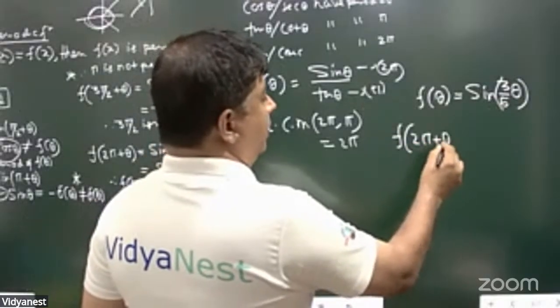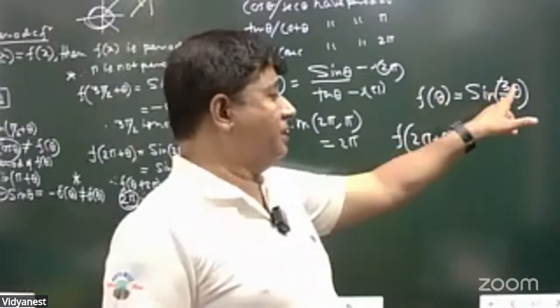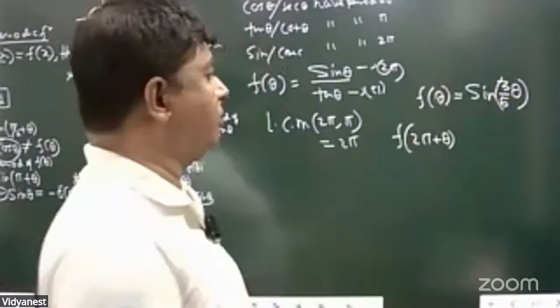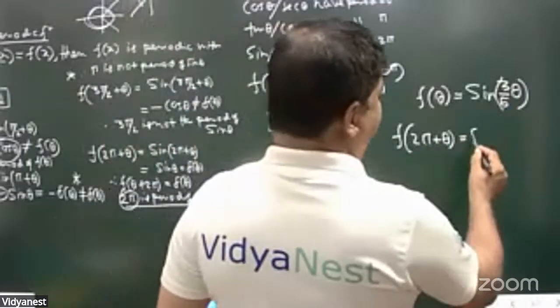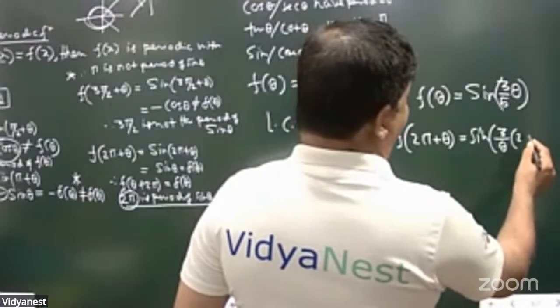You add 2 pi and see the outcome, whether you can reach any conclusion or not.